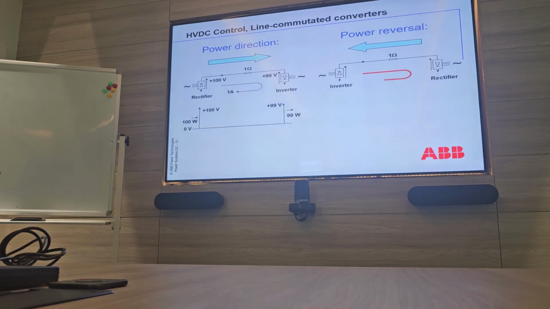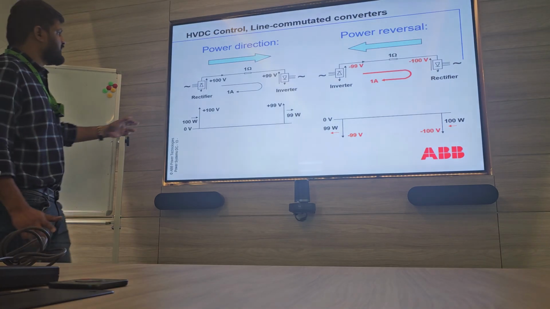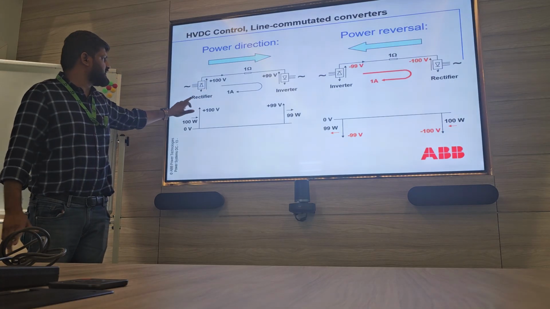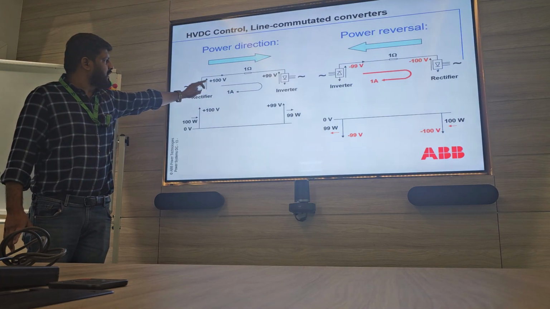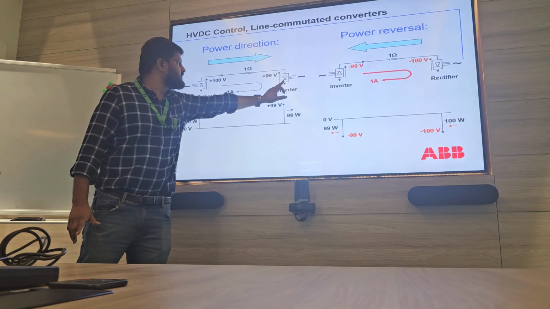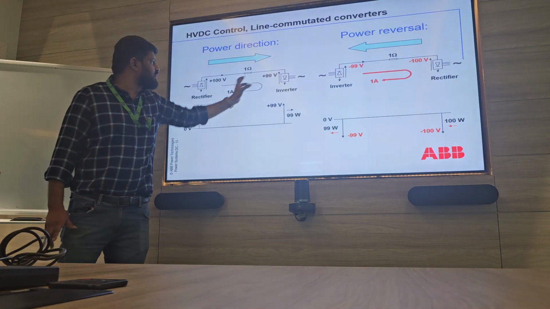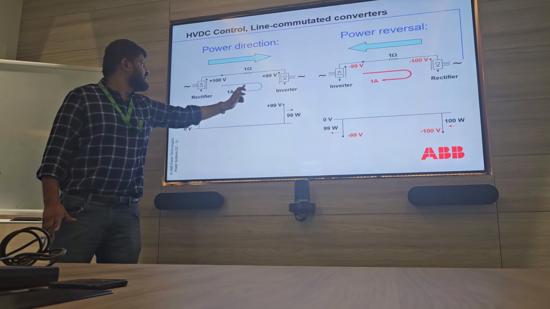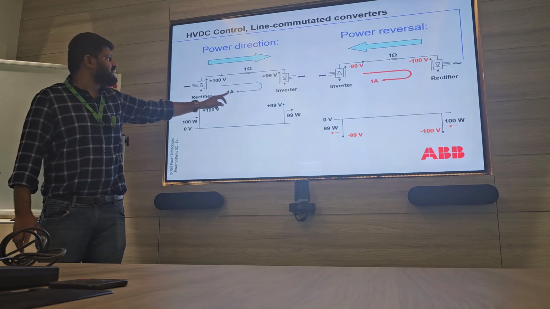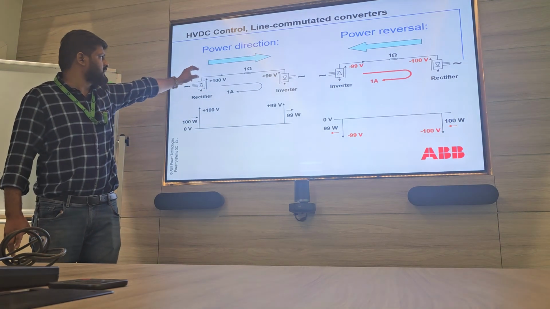So HVDC will transfer power in both directions, rectifier to inverter or inverter to rectifier. How are we doing this? This is the power direction. First the rectifier at 100 volt and here the inverter. So current flows from higher voltage to lower voltage. The thyristor is a unidirectional device, so current always flows like this only.